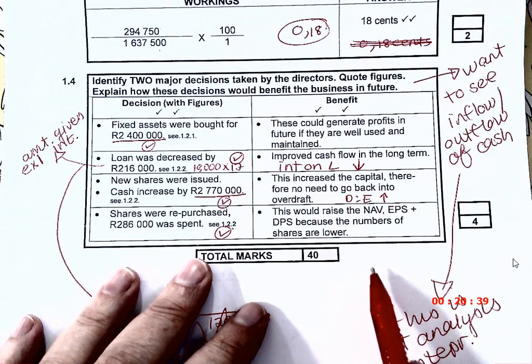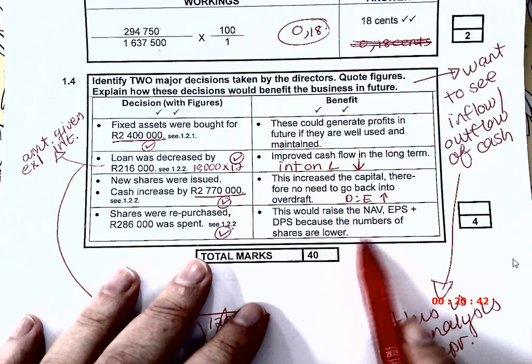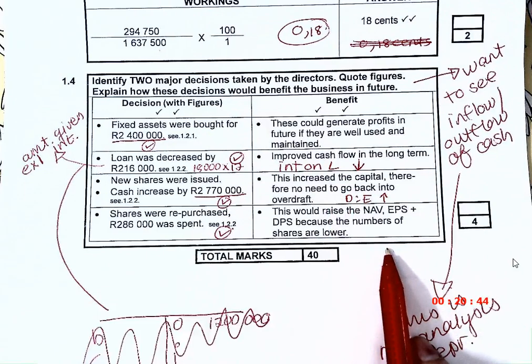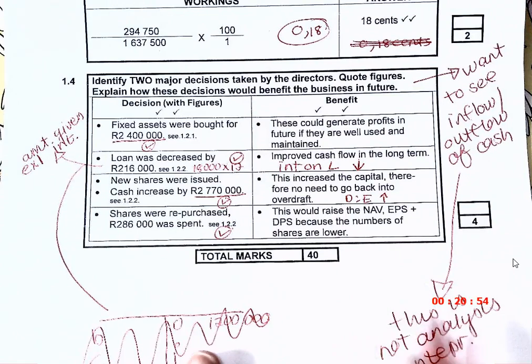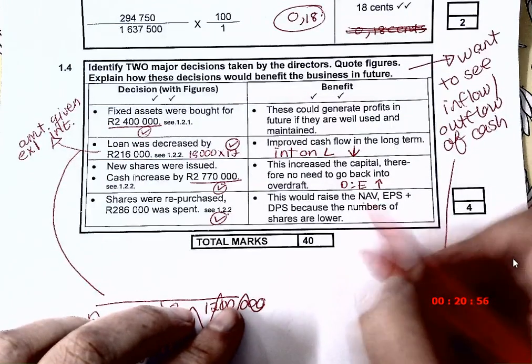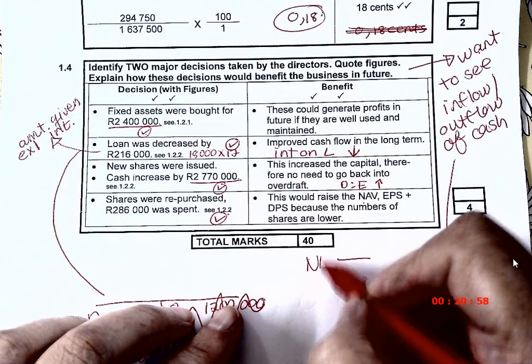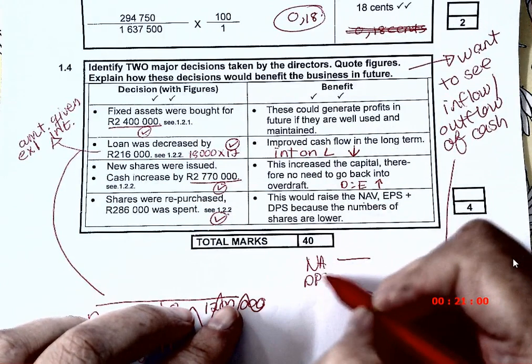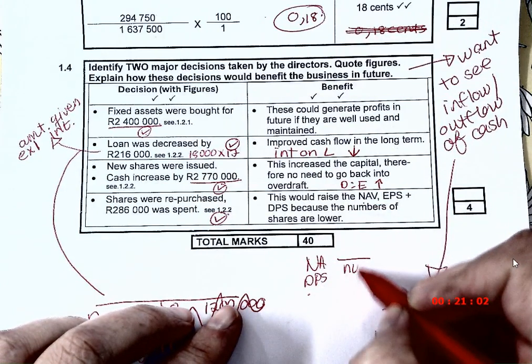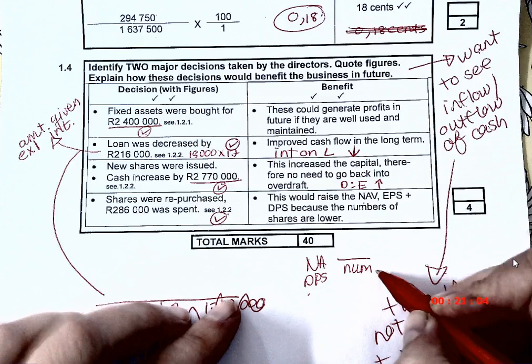Okay. Shares were repurchased. Now they have there, this would raise the NAV, EPS and DPS because the number of shares is lower. Does that make sense to you? Remember, whenever I calculate NAV or DPS or EPS, I always divide it by the number of shares in issue.